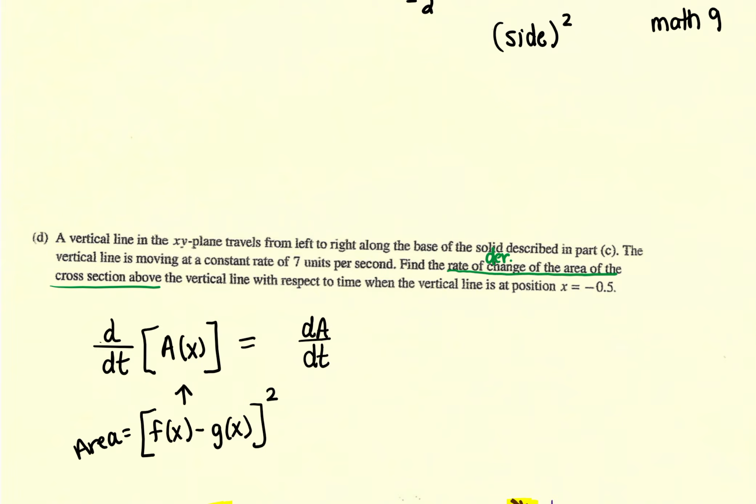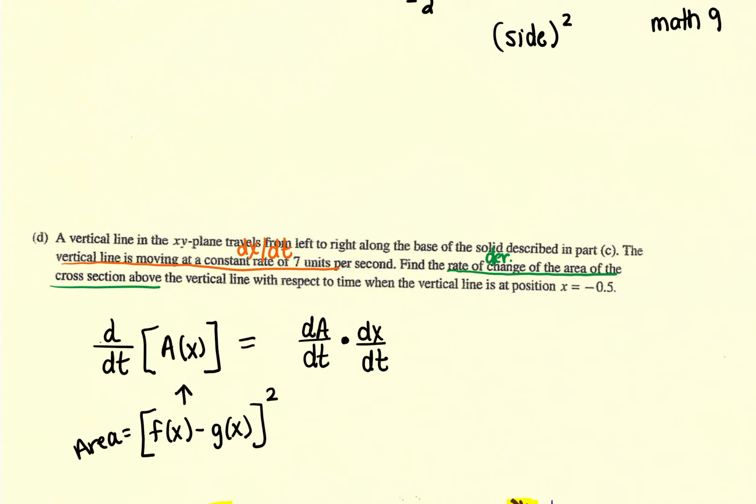So to do that, I'm going to say that that's equal to the derivative of area, dA/dt, with respect to time. But here is the tricky part. We are looking at the derivative with respect to time, but we've got this vertical x equals line, so we're going to need to chain dx/dt. That's the rate of that vertical line, and we are told that it is moving at a constant rate of 7. So that's what your dx/dt is.